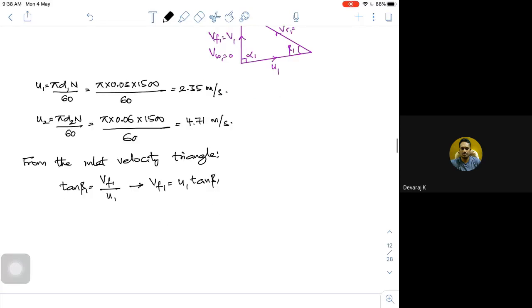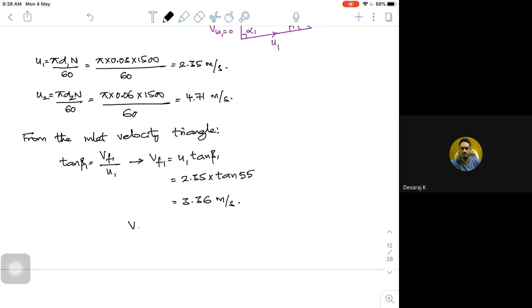The U1 we just calculated is 2.35 into tan 55. If I substitute in the calculator, I am getting around 3.36 meters per second. And as my Vf1 is equal to Vf2, which is also equal to V1, it is 3.36 meters per second. Okay.